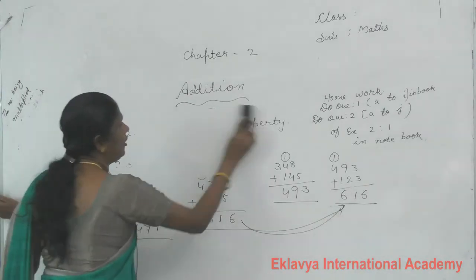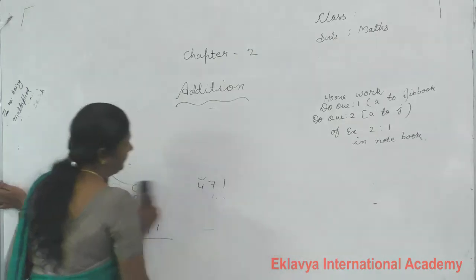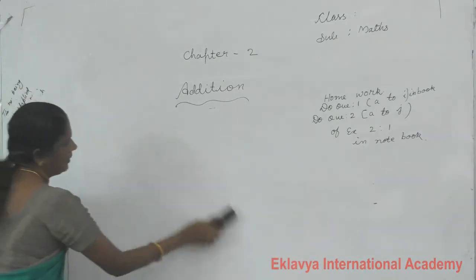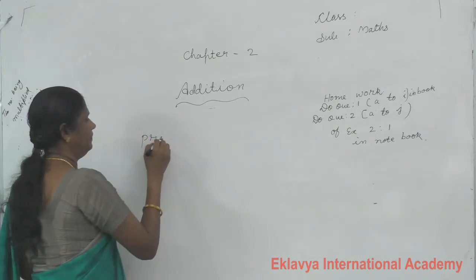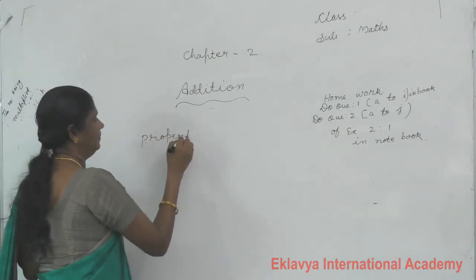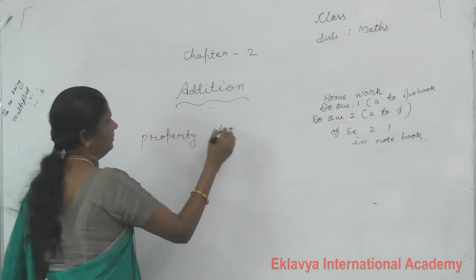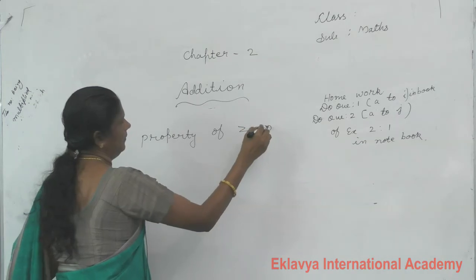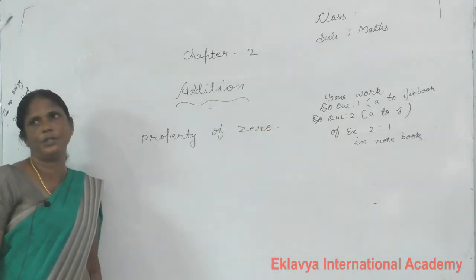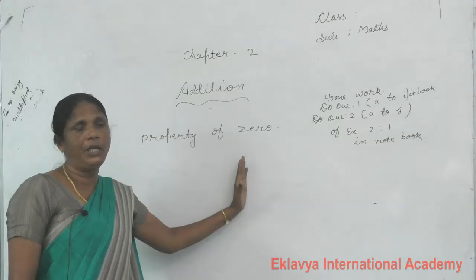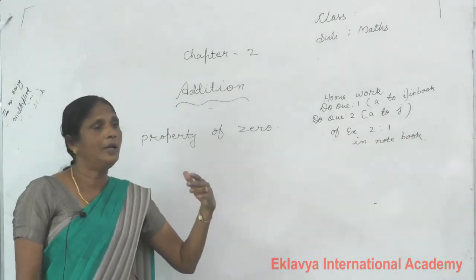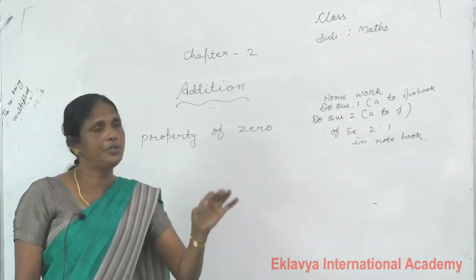Then property of 0. In the 0 property, we add any number with 0.